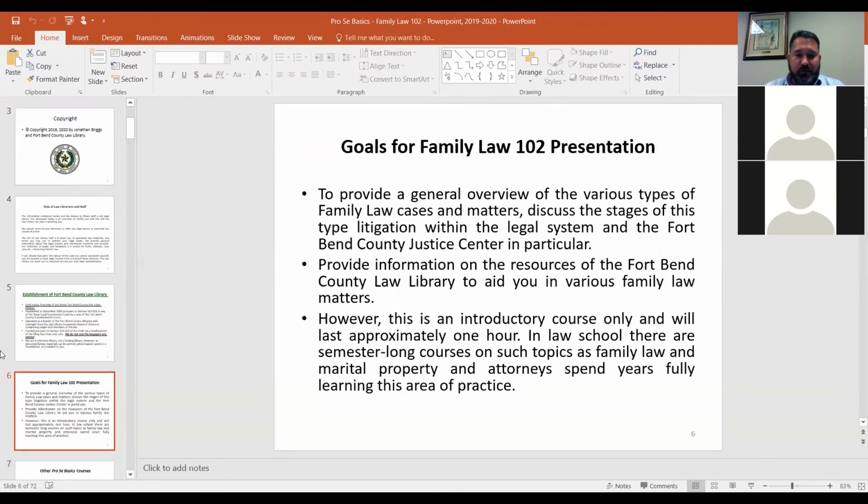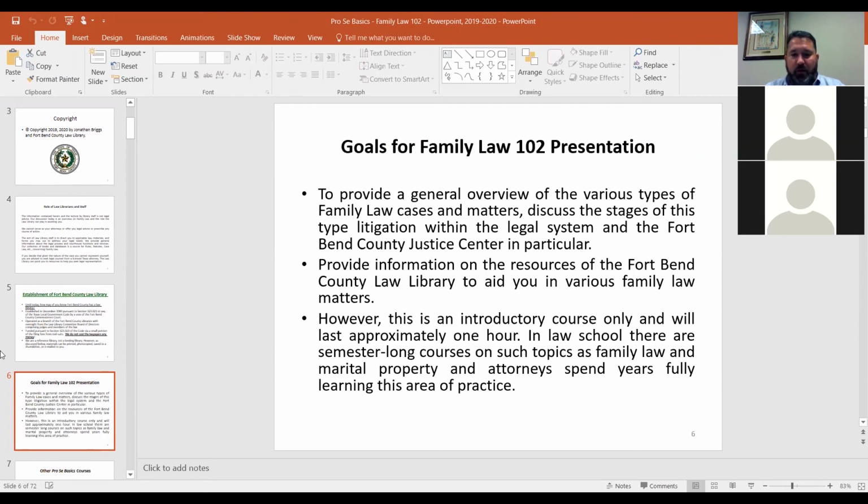Obviously we're in a weird situation. That's why we're doing these things via Zoom instead of in person. Given what's going on with the coronavirus issue, we've had to transition in how we do some things. Our law library is currently partly open or partly closed, however you want to look at it. We can't admit attorneys and county staff.